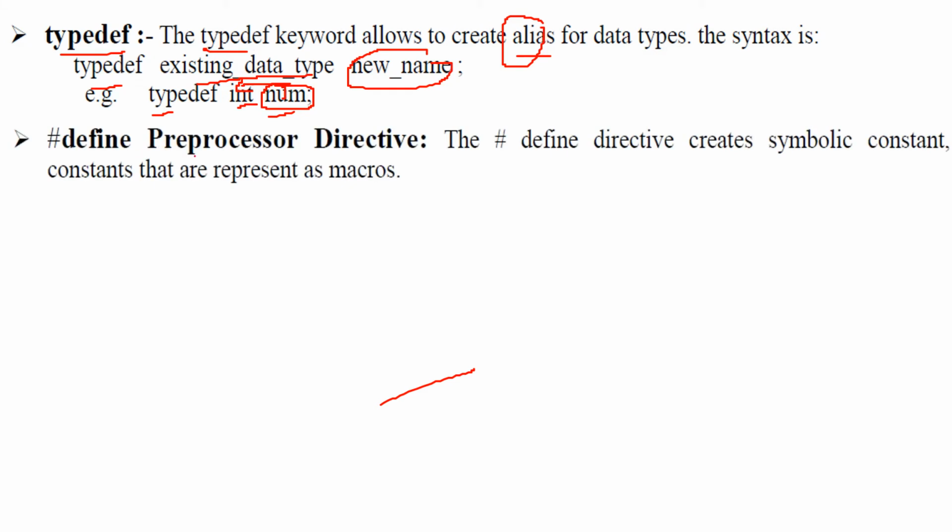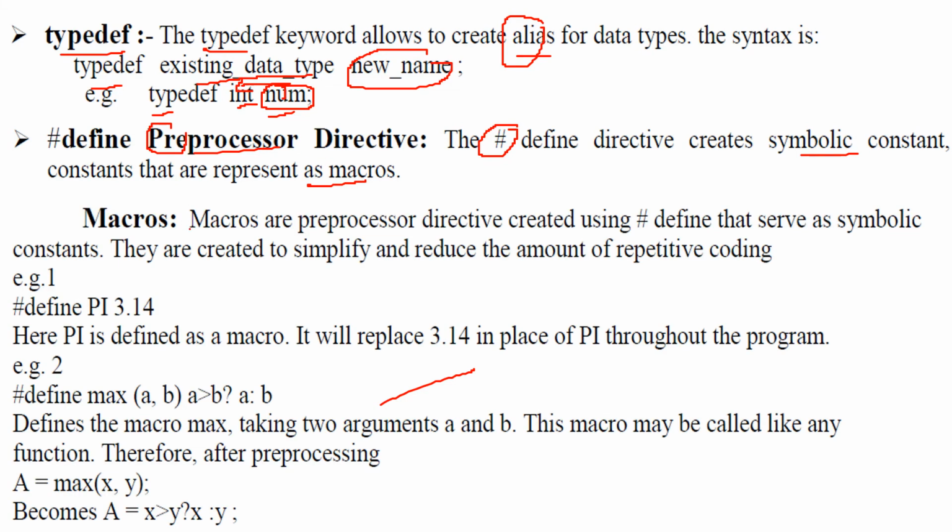The hash define preprocessor directive. This hash is very important. Before compilation, there is certain preprocessing going on, where things are placed inside your code. The hash define directive creates symbolic constants, represented as macros. So what are these macros?